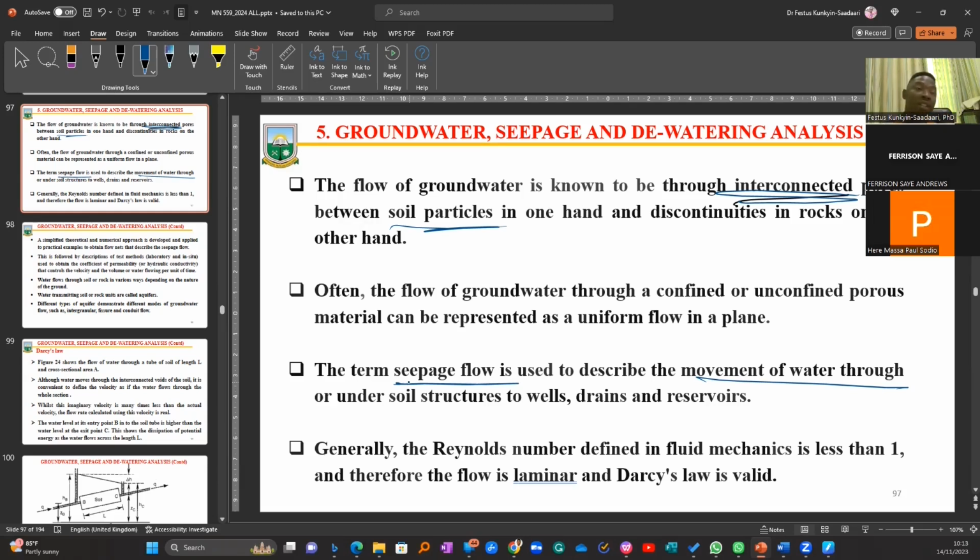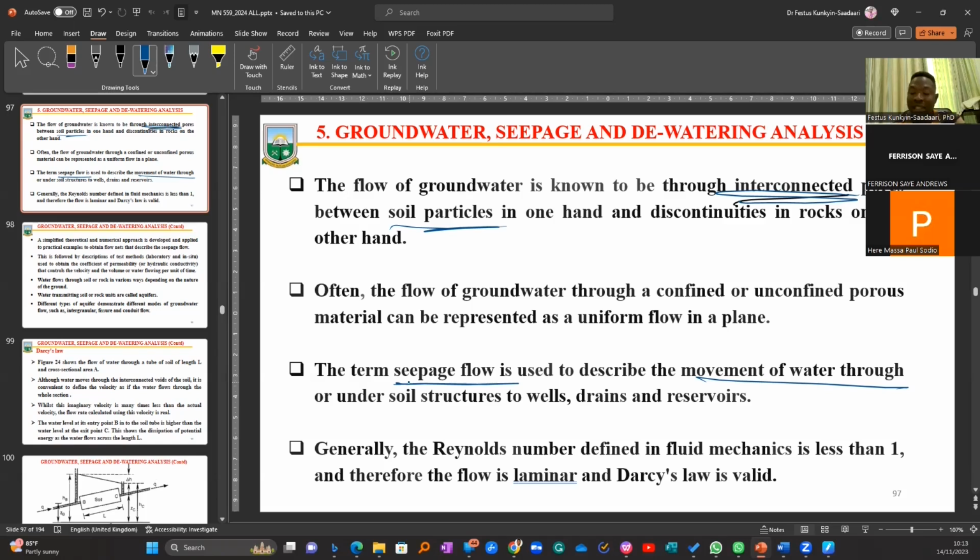Then generally the Reynolds number. The founding fathers of fluid mechanics came up with a formula and other ways you can determine whether a particular flow is laminar or turbulent. We always look out for a Reynolds number of 1. If the Reynolds number, which is determined in fluid mechanics, is less than 1, then we say the flow we are considering is laminar.